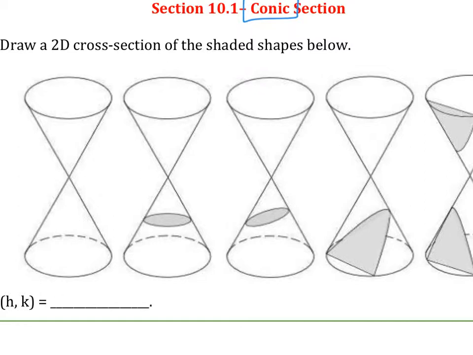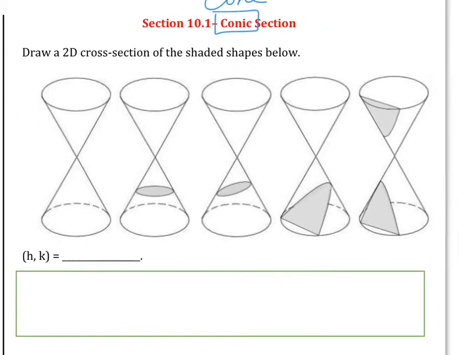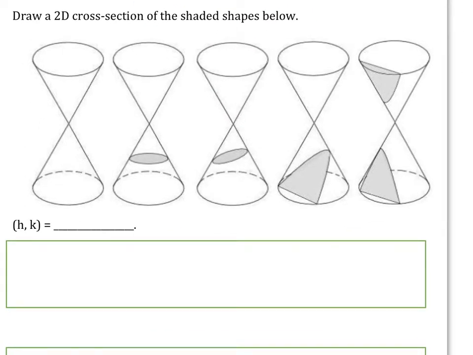I want you guys to go ahead and draw out those shapes in that green box below. What would the 2D shape look like if you were going to cut it and then look at it?